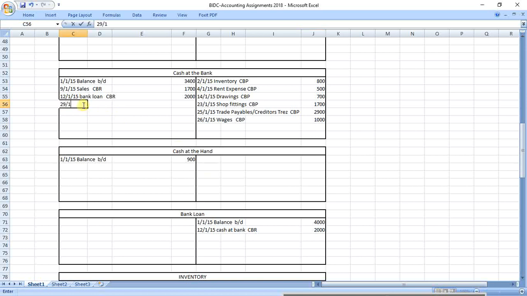Yeah, you'd have to reference it as from that account. So trade receivables / debtors / HLK, cash book receipts, 4,900. Okay. Cool. Done. All right.